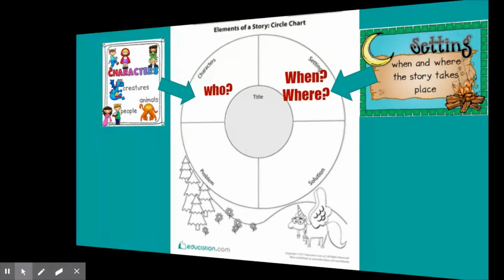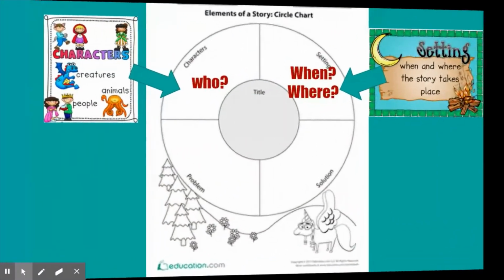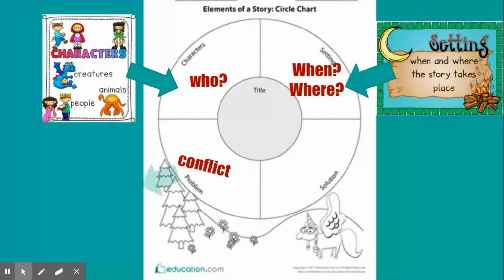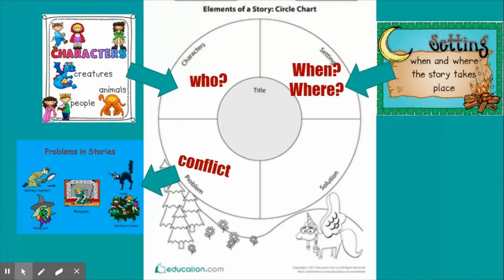Excellent. Let's go ahead and look at the next element that we are going to review today, and that is the conflict, right? So the conflict is usually the problem in the story. Now, remember, stories can have many different conflicts, okay? There is the main conflict that is moving the story along, but there are also little conflicts here and there that evolve as the story progresses, okay?